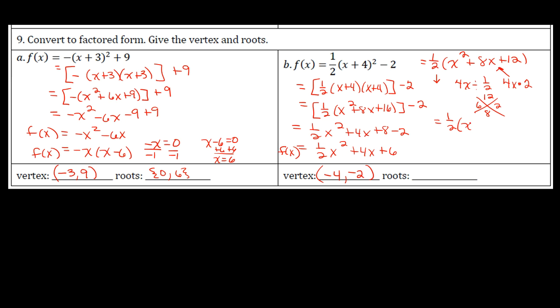So we're going to have x plus 6 times x plus 2. So this is factored form. If I set each of these factors to 0 and solved, I would get my two roots as -6 and -2.